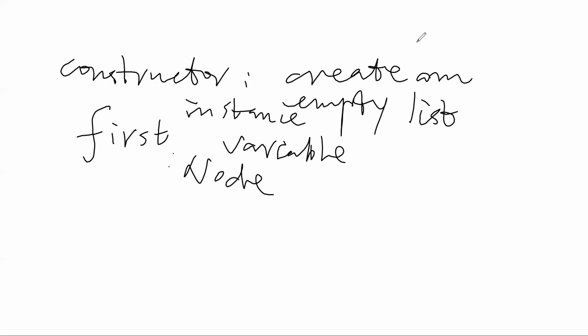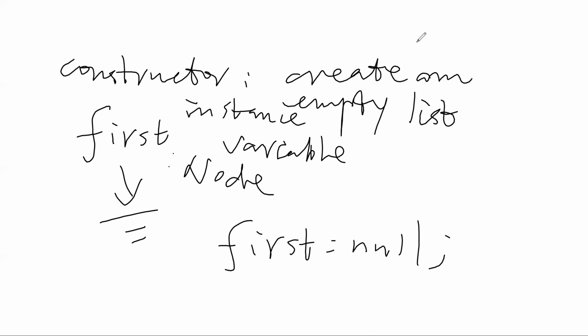So how do we say it's an empty list? An empty list means first does not point to any node, because there is no node. So if you set first to null, then we create an empty list. The same thing applies to checking if a linked list is empty: you can also do this. Okay, so that's the general concept.